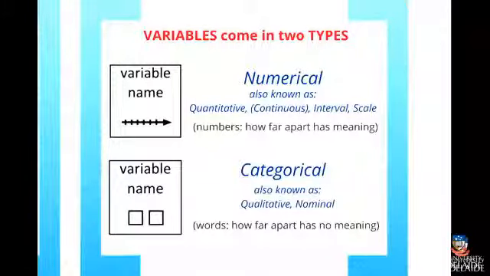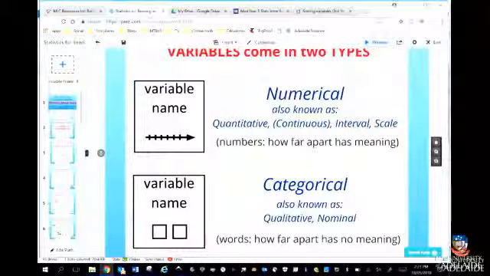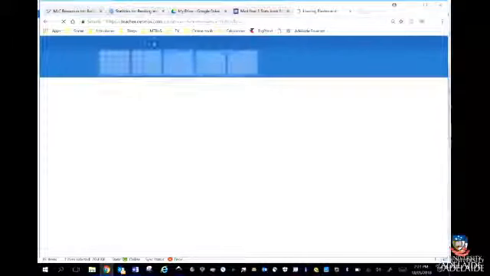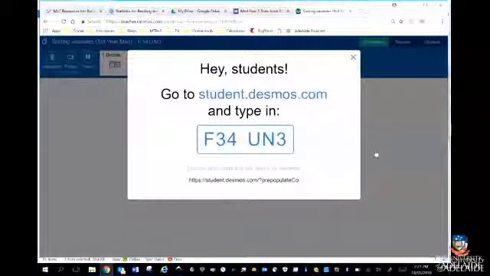So there you go. I'm going to call them numerical and categorical, and what you are going to do is have some practice at choosing which is which, because this is really, really, really important. So what I want you to do is on your device, could you please go to student.desmos.com and type in this code.